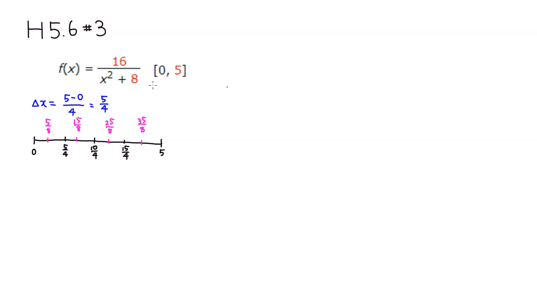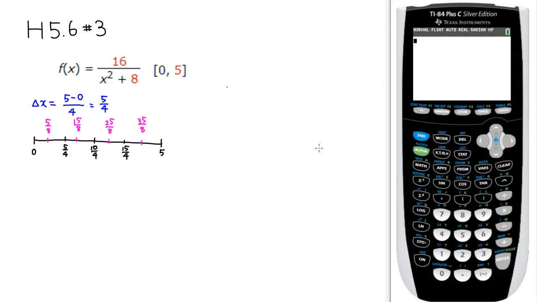This time I'm going to use the TI graphing calculator instead of GeoGebra to compute this. So I'm going to open up the calculator. First I'm going to define the function. Go to Y equals, and the function is 16 over x squared plus 8.